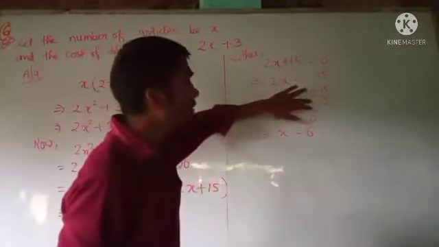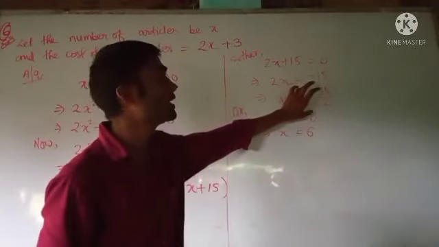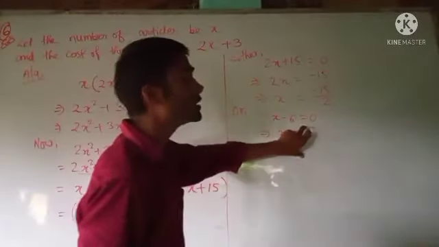Now we cannot take this minus 15 by 2, since the value cannot be negative for rupees.